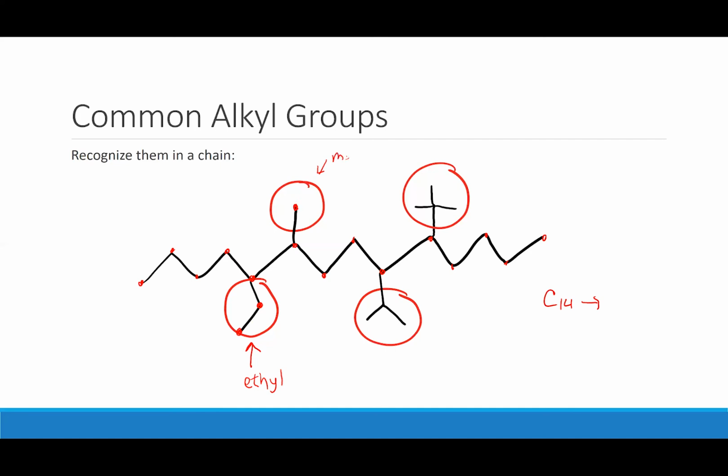This is a methyl group. Now, these next 2 are some of our special cases. Here's one. It's made up of 3 carbons and a branch. This is an isopropyl group.